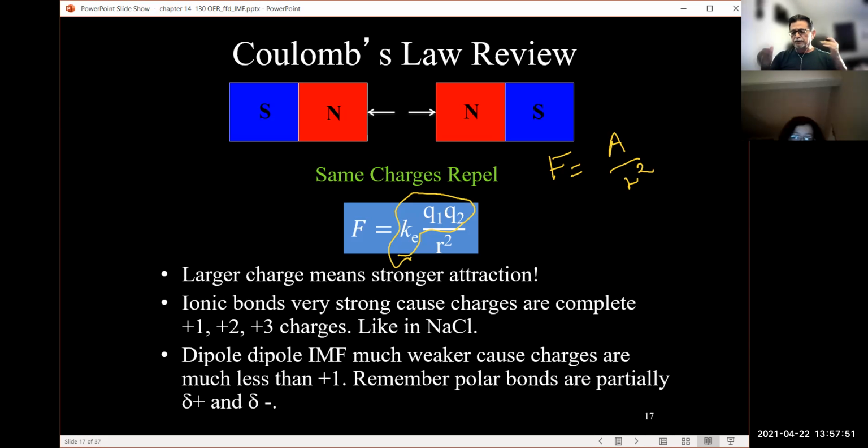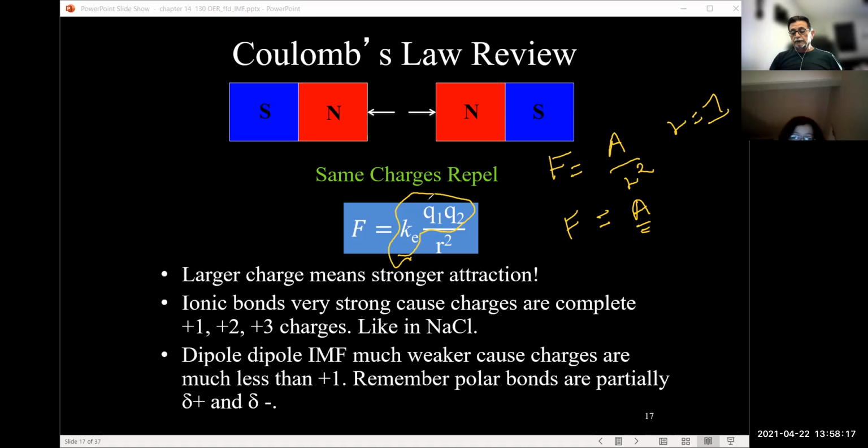It could be centimeter, inch, but just say 1 unit. And so if we do the calculation and we say that R equals 1, obviously, right? 1 times R squared, 1 squared, is 1. And so the force is equal to A, whatever A may be. That's the two Q's and the K.